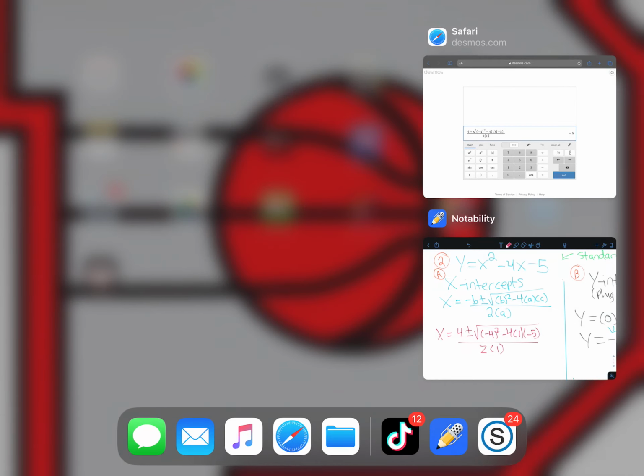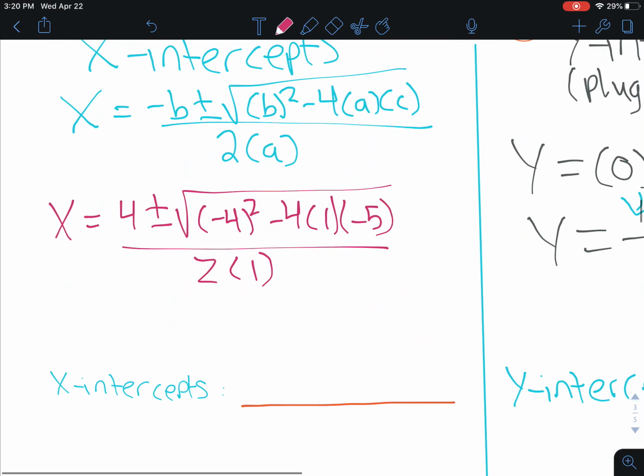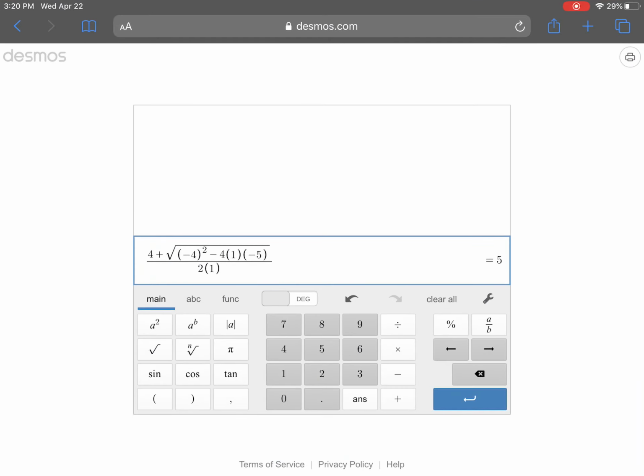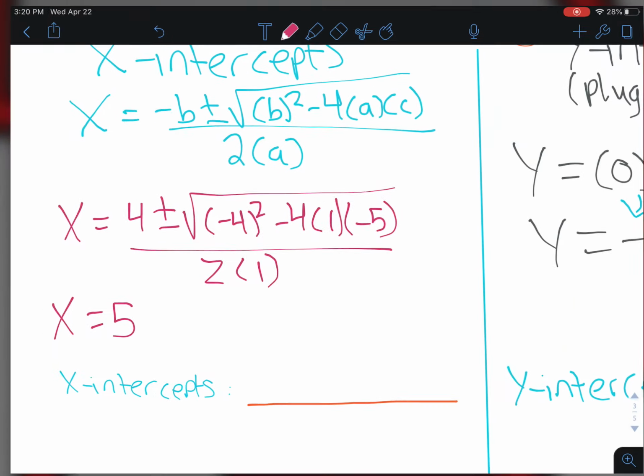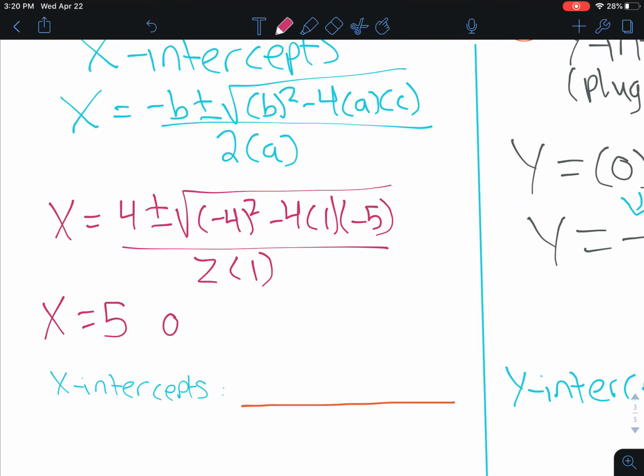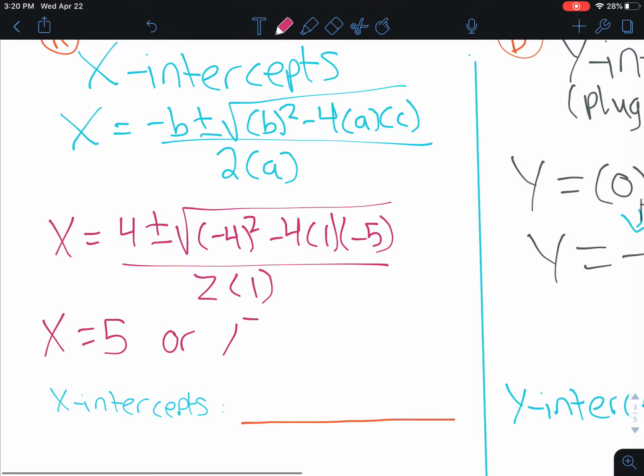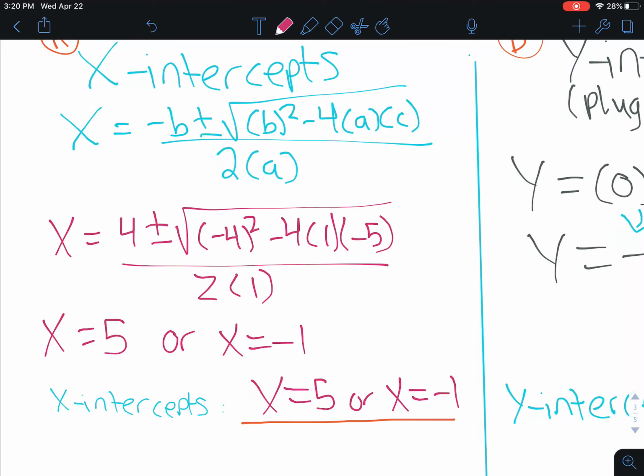Let me make sure that's right. Yeah, so one of my answers is going to be 5. So x equals 5, and my other answer is going to be negative 1. You get an answer of x equals 5 or x equals negative 1.